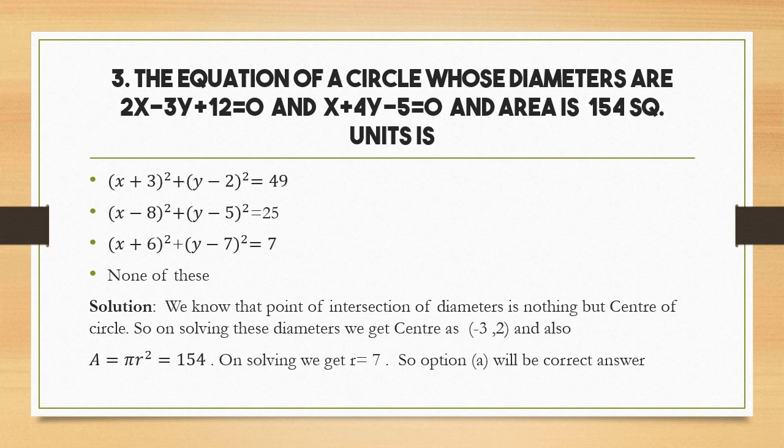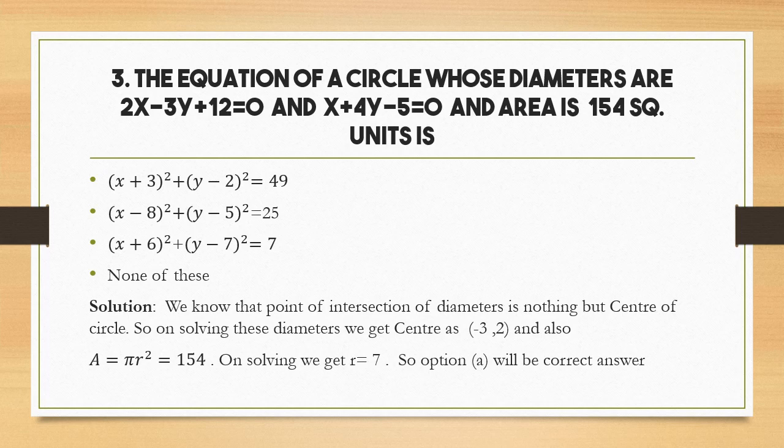Now, to find the equation of a circle, all we need is the center as well as the radius. We got the center. Now we are in search of the radius. We know that the area is given as 154 square units. So the area formula is pi r square. I will use the pi value as 22 by 7. You may use 3.14 also, but unless mentioned, it is better you take 22 by 7.